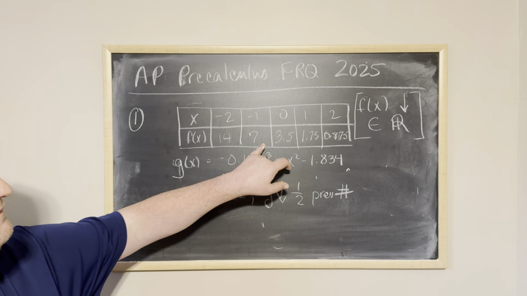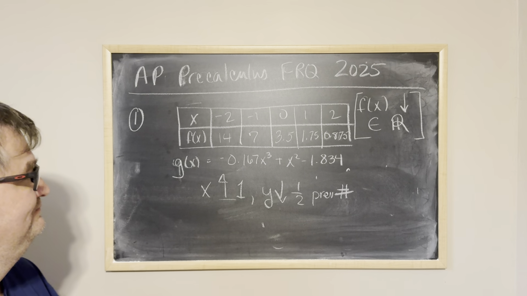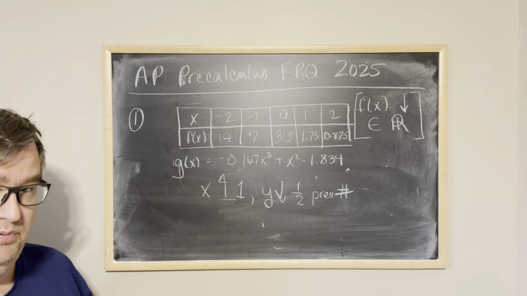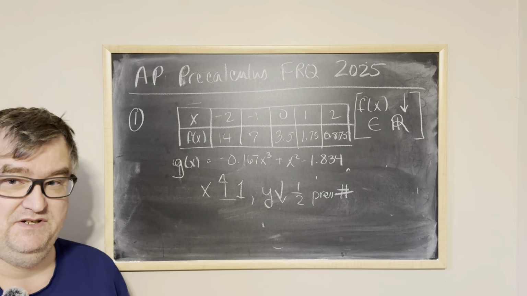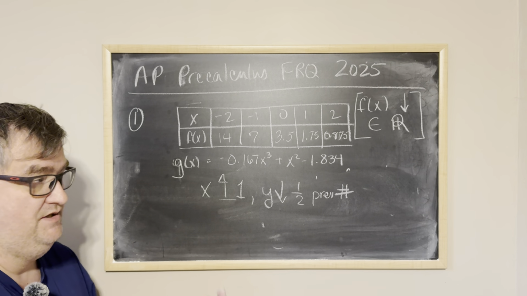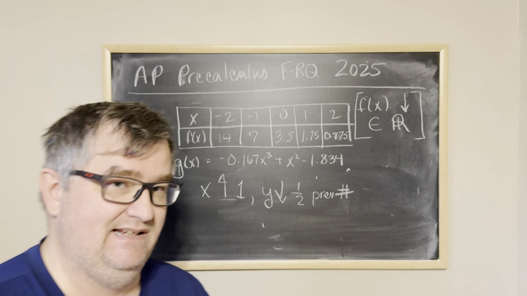So divide by 2, divide by 2, divide by 2, or multiply by half, half, half. So there's 2 points. But if you're proficient in Algebra 2, you shouldn't be asked that question again. That's something that you should already know.